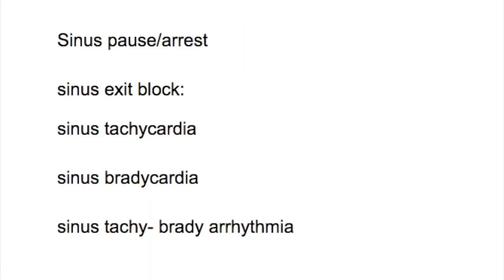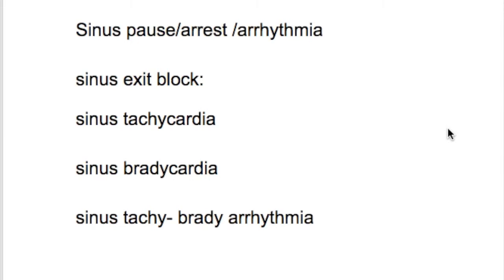SA node dysfunction. Any abnormality in the function of the SA node is sick sinus syndrome. It may be a sinus pause, arrest, arrhythmia, exit block, sinus tachycardia, sinus bradycardia, or sinus tachybradyarrhythmia.